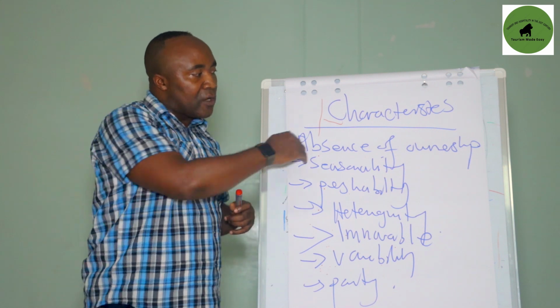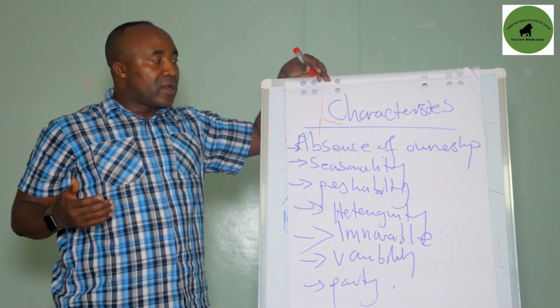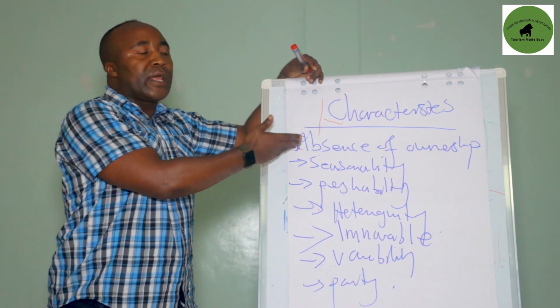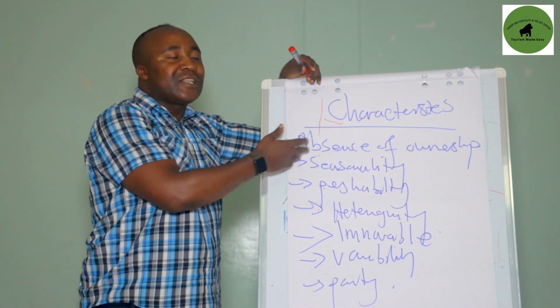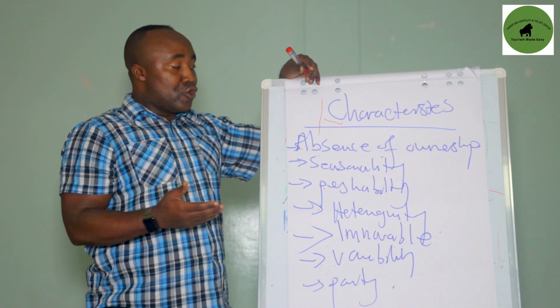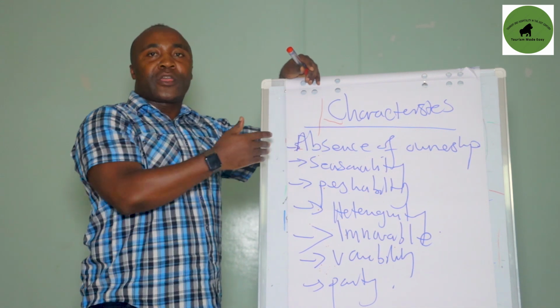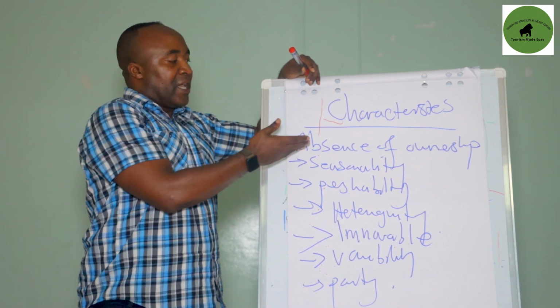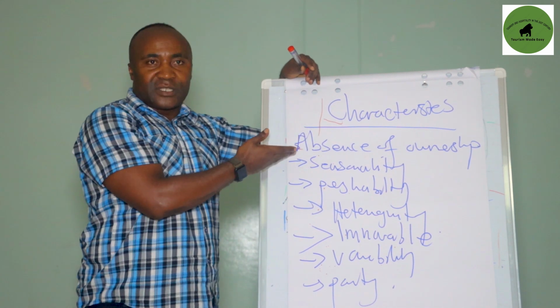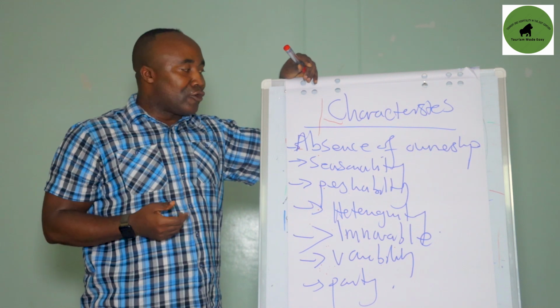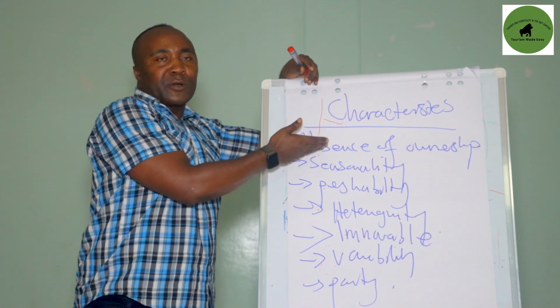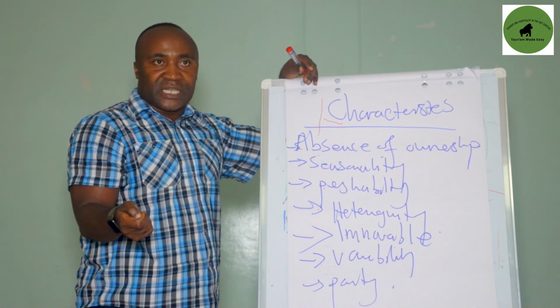One feature is absence of ownership. You don't own them. You cannot own a gorilla, for example. You cannot own the big 5. You cannot own these lakes or rivers. You go there, you enjoy them, you experience. If it is a mountain, you are going to hike it, but you cannot say, I've paid my money, give me this mountain. No, you cannot. With a transport service, you have a ticket.